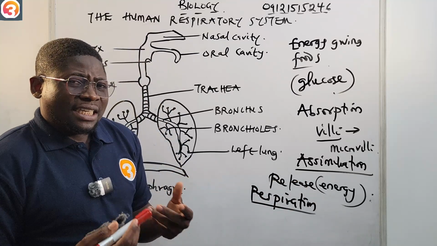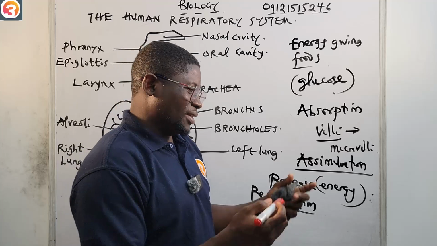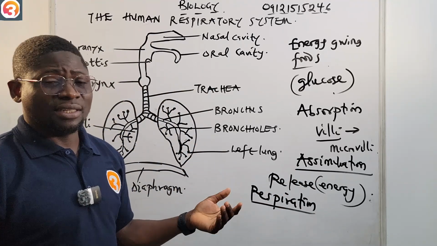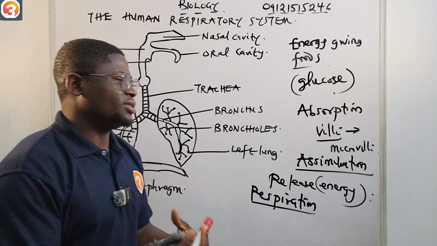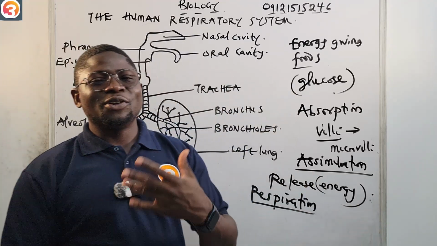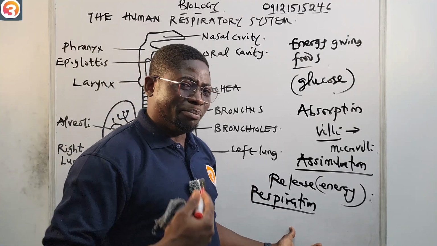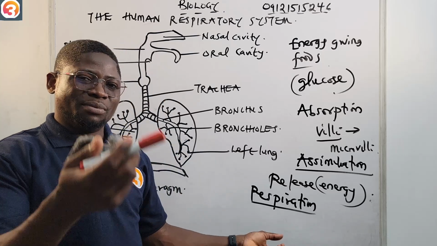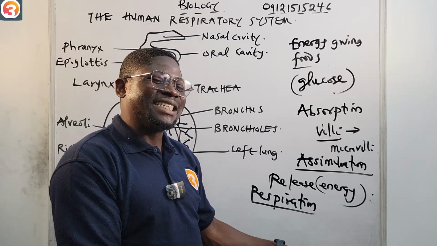So the process whereby glucose is broken down to release energy is known as respiration. And of course, since it happens in the cells, we call it cellular respiration. I think I hinted at that in the first class. The difference between respiration and cellular respiration is not that much. Respiration is the breakdown of glucose to release energy, while cellular respiration is the breakdown of glucose to release energy inside the cells.